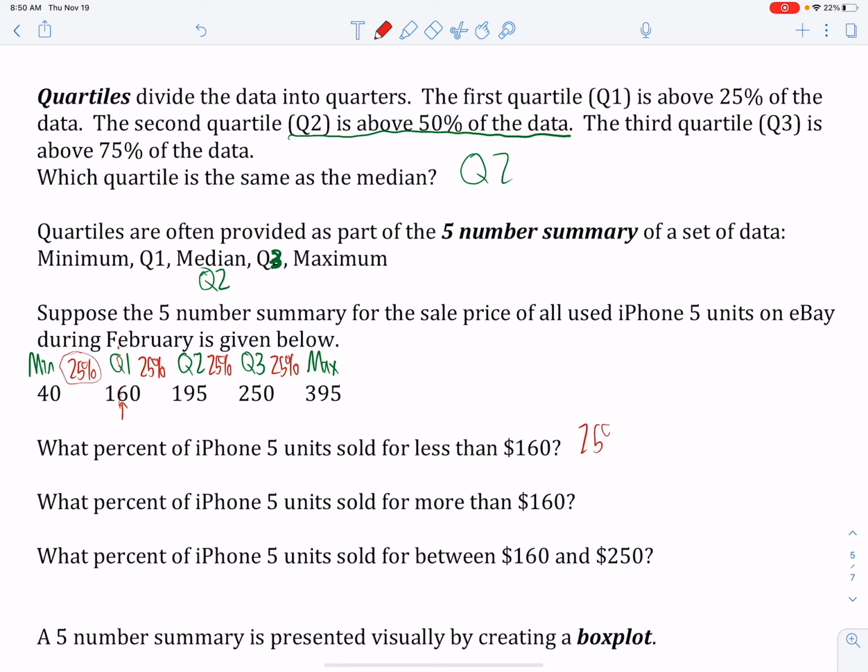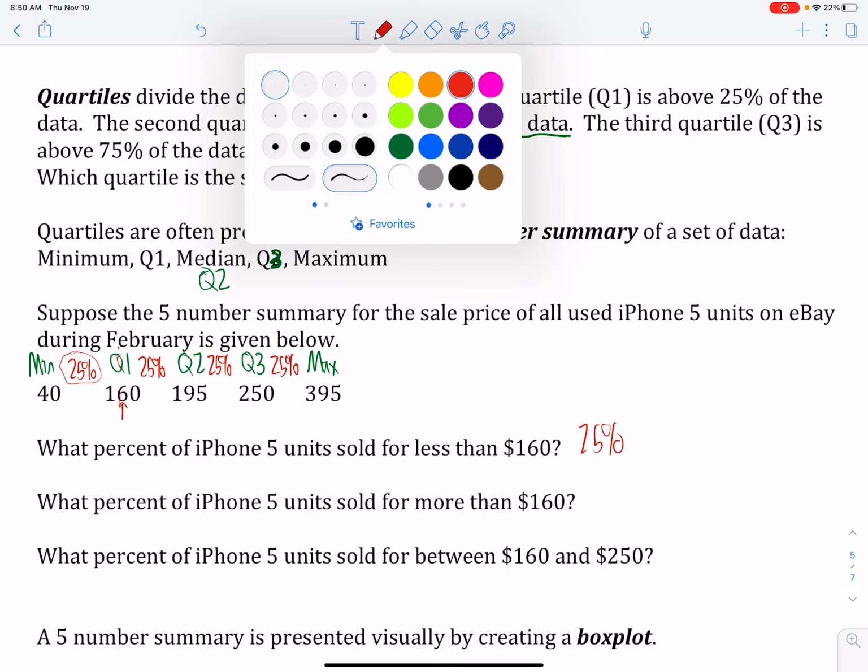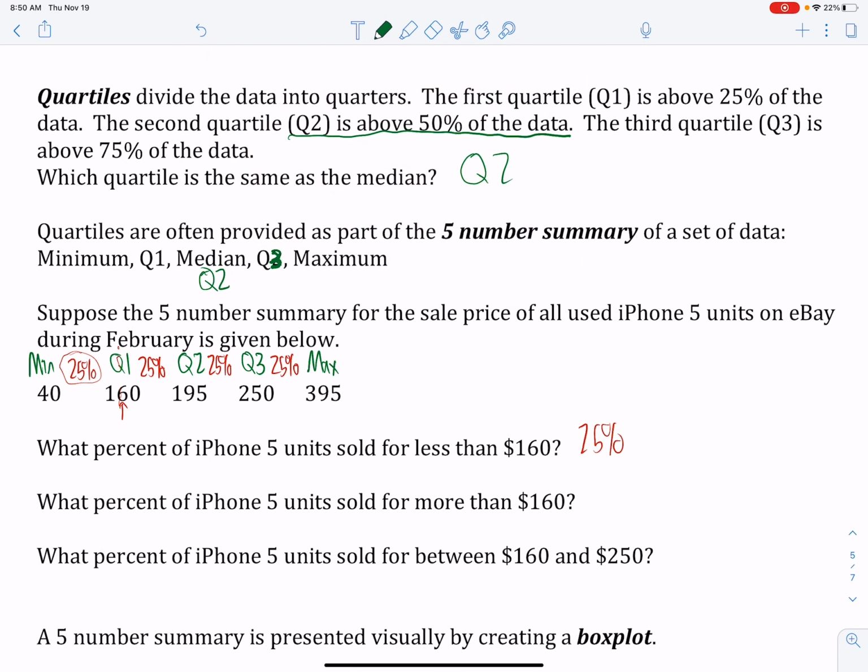So that's our answer. If we get to our next question that says, what percent of iPhone 5 units sold for more than 160? Well, 160 is right here. More than that, we have 25, 25, and 25. That adds up to 75%. Or if we're looking at the next question that says, what percent of iPhone 5 units sold for between $160 and $250? 160 is right here, 250 is right here.